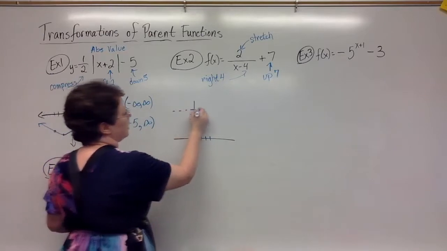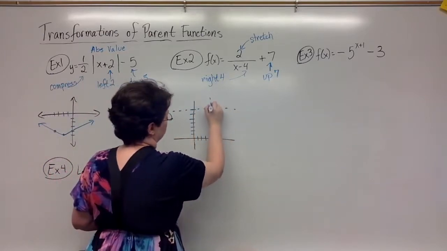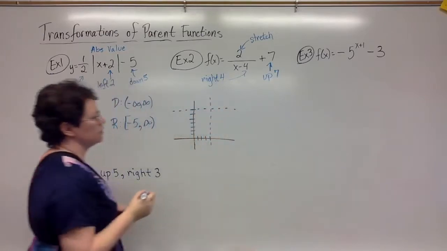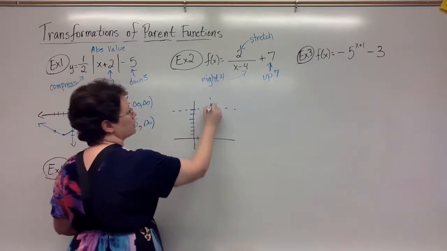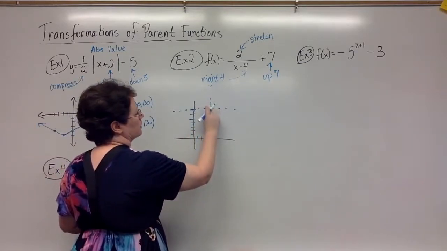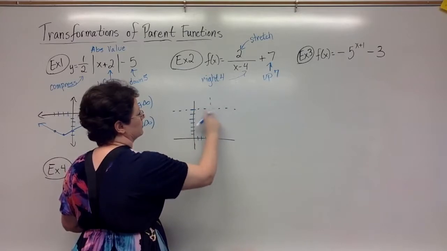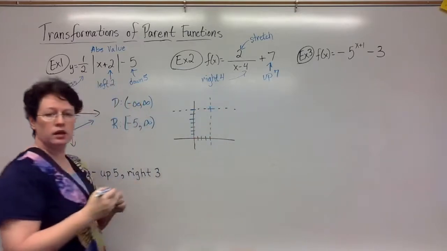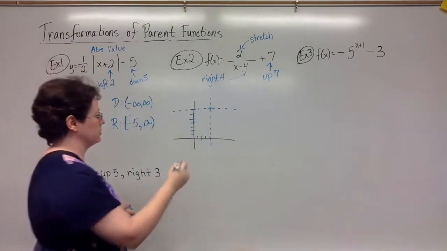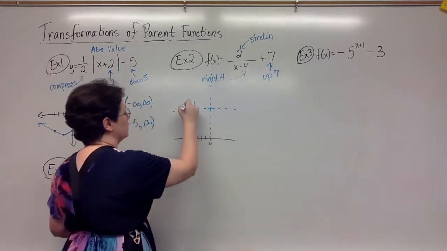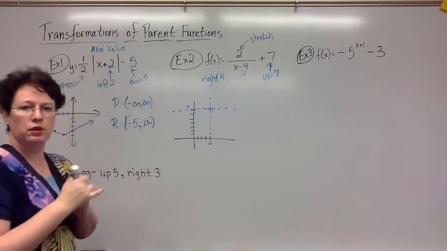Now with rational, that is where the asymptotes are at. So think of this as your new X and Y axis. Okay, these are our new X and Y axis. So I'm going to put a little 4 down here, put a 7 up here so we remember where those are at.